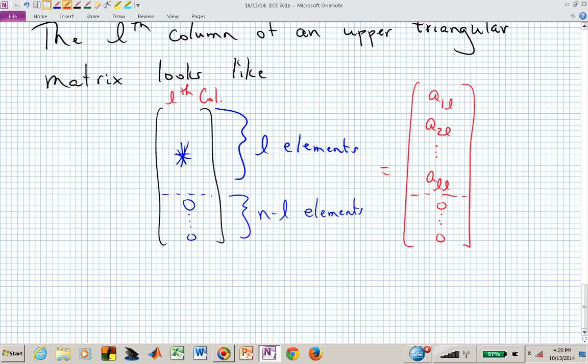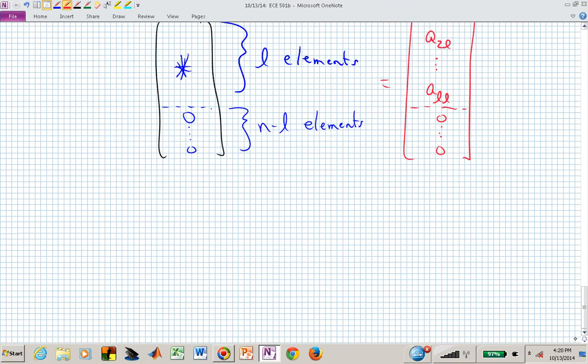That's the matrix representation of an upper triangular matrix, which is what we're assuming is true from statement A. What does that say? Well, that now says that those are the scalars that weight our basis vectors, meaning we now have A sub 1L times V1 plus A sub 2L times V sub 2 up to A sub LL times V sub L plus 0 times V sub L plus 1, etc., with the zeros up to V sub n.